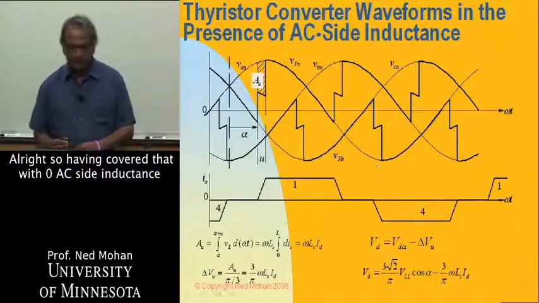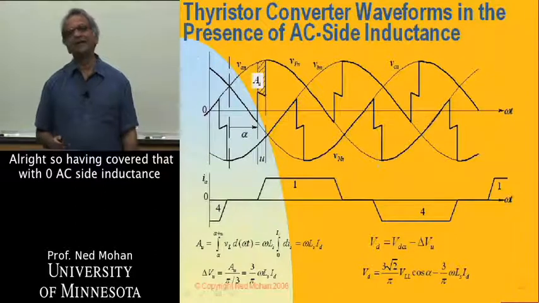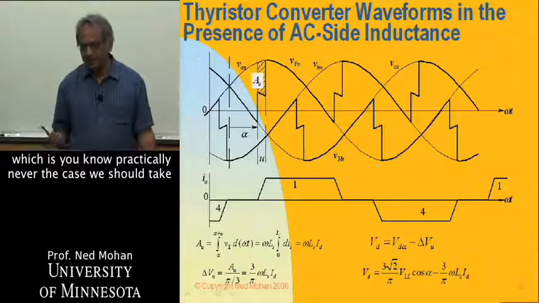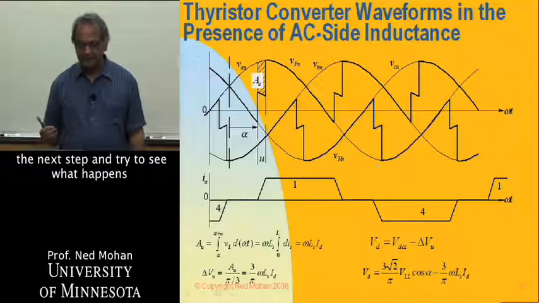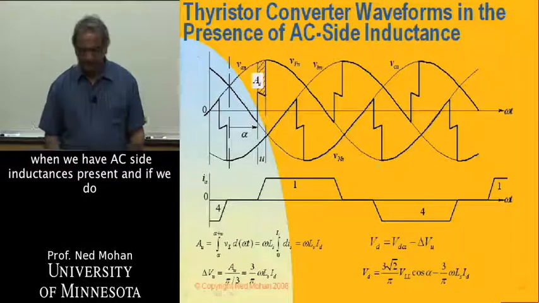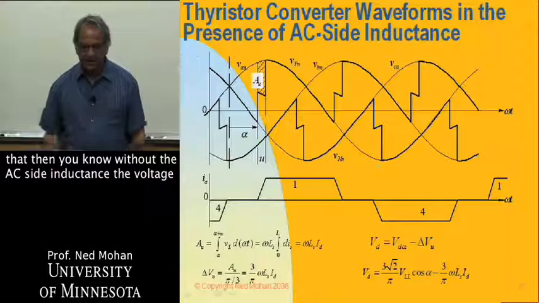All right. So having covered that with zero AC side inductance, which is practically never the case, we should take the next step and try to see what happens when we have AC side inductances present.